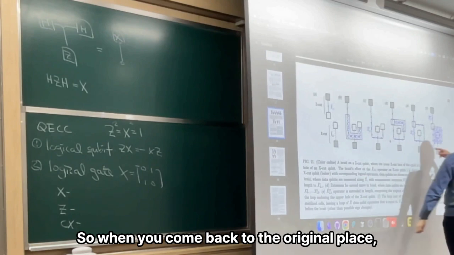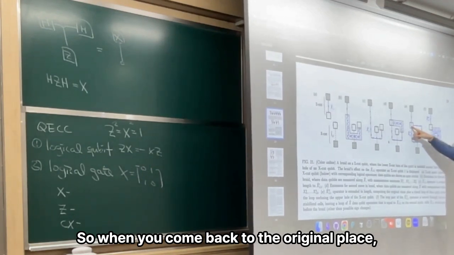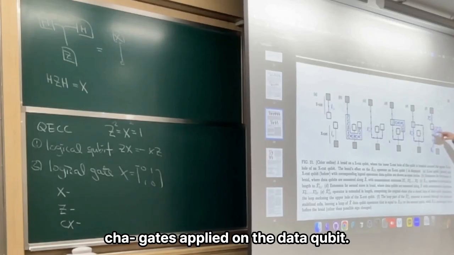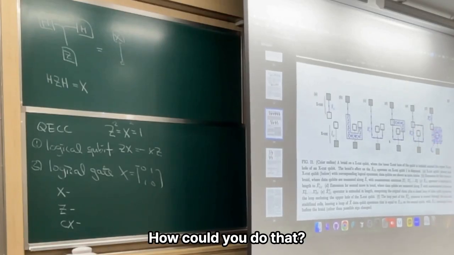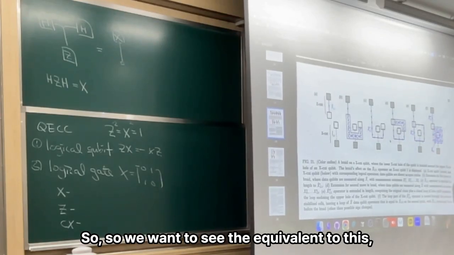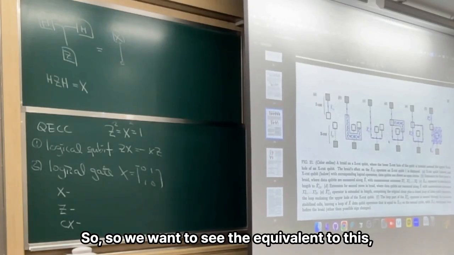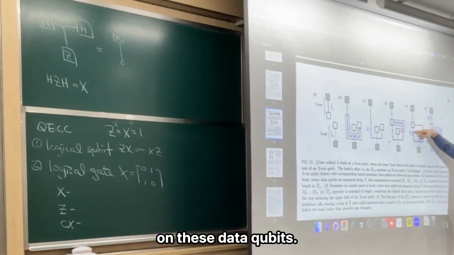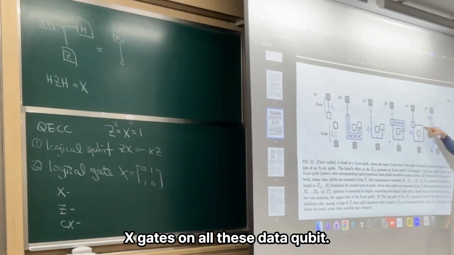Moving around the cut just means that you make the X chain longer and longer. So when you come back to the original place, you have X gates applied on the data qubits. How could you do that? We want to see the equivalent situation. There are X gates on all these data qubits.